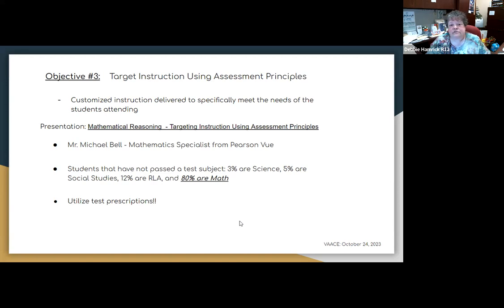The nice thing about those GED Ready prescriptions, as you all know, is that you can tag them to specifically fit the resource, be it a website, be it a book, those types of things, and you can target it specifically to what you're doing.